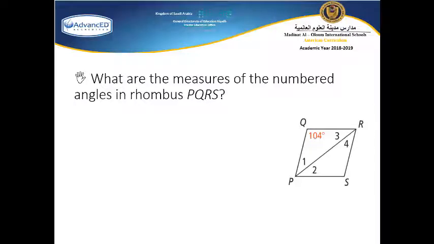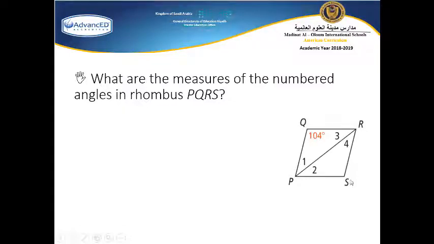What are the measures of the numbered angles in the rhombus PQRS? Here we have diagonal PR, and we know that PR bisects the opposite angles, bisects the angle P and bisects the angle R. That means the measure of angle 1 equals angle 2 equals angle 3 equals angle 4.